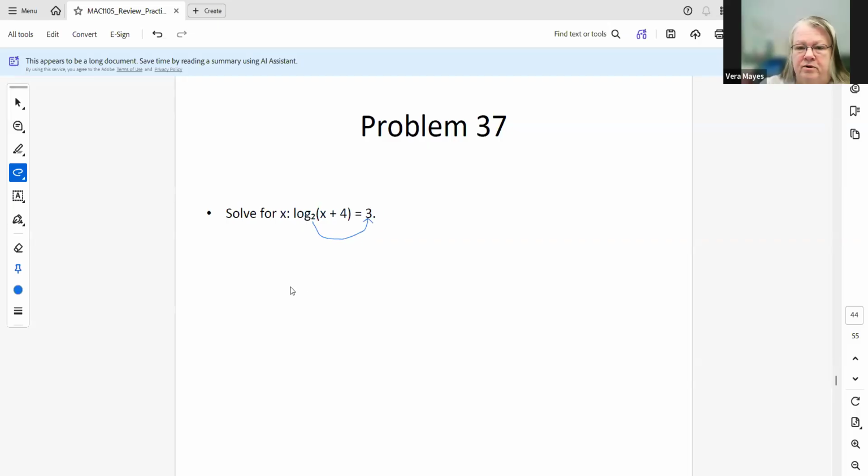And here's its exponent. So 2 to the third equals, and then we're going to set it equal to the argument part. So in generic terms, when you're rewriting this, you've got the base to the exponent equals the inside. This answer here with a log is always the exponent.